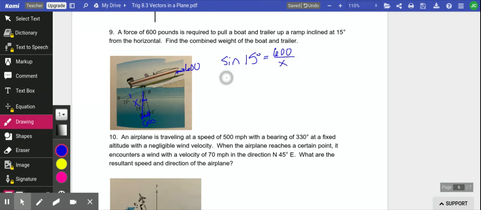And then we just need to multiply both sides by x and divide both sides by sine and put that all into your calculator. 2,318 pounds. So to do these problems, you're going to see maybe one of them on your homework, but remember that weight is acting downwards, and then you're going to draw your right triangle from that.